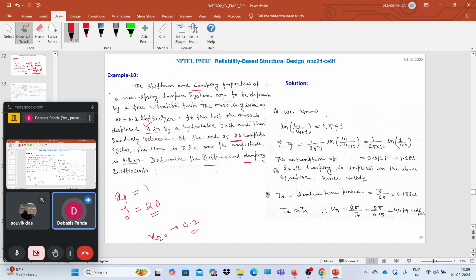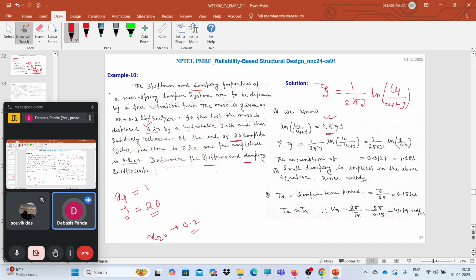So we know from the logarithmic decrement that ln of u1 by u(1+j), that means the first amplitude and the jth amplitude, equals j into delta. That means delta is twice pi zeta, so zeta will be equal to 1 by twice pi j ln u1 by u(1+j).